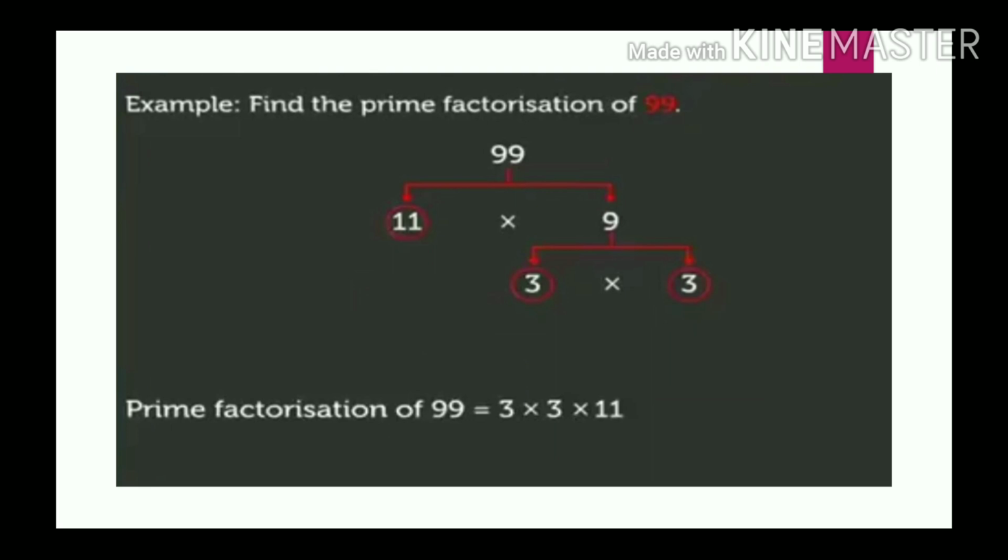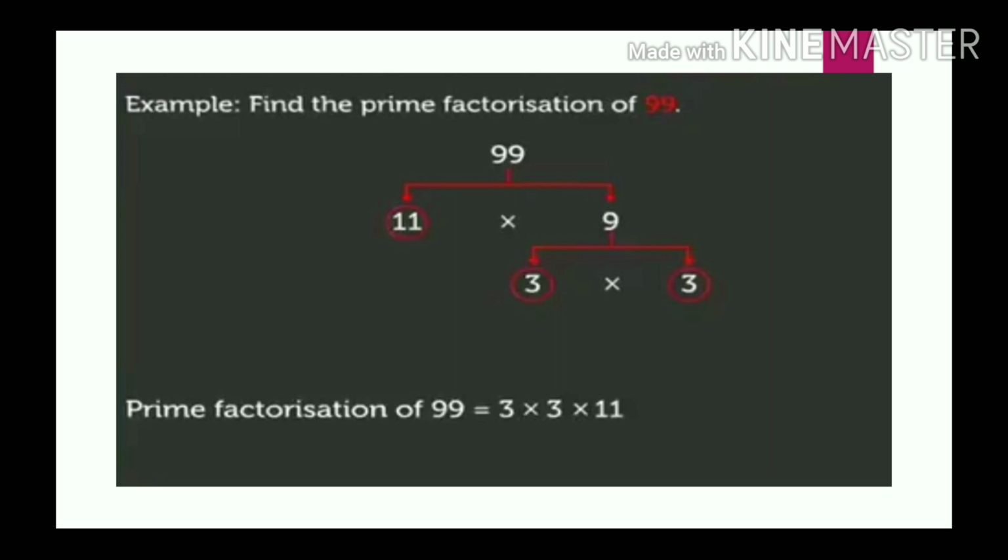Now example 2. Find the prime factorization of 99. So 99 we have to divide into two factors. First, 11 multiplied by 9 gives you 99, and as you can see 11 is already a prime number, so you cannot divide it further by any other number, but 9 is a composite number, so you can divide this.